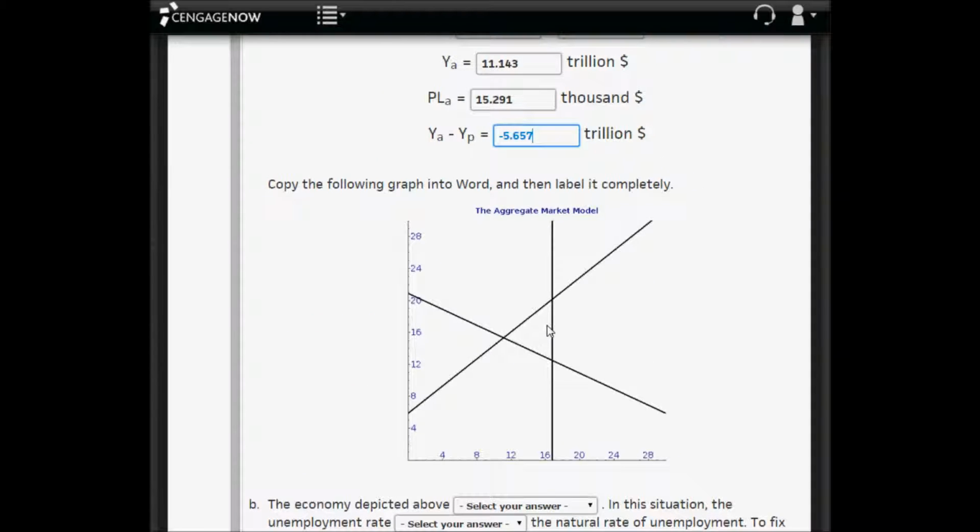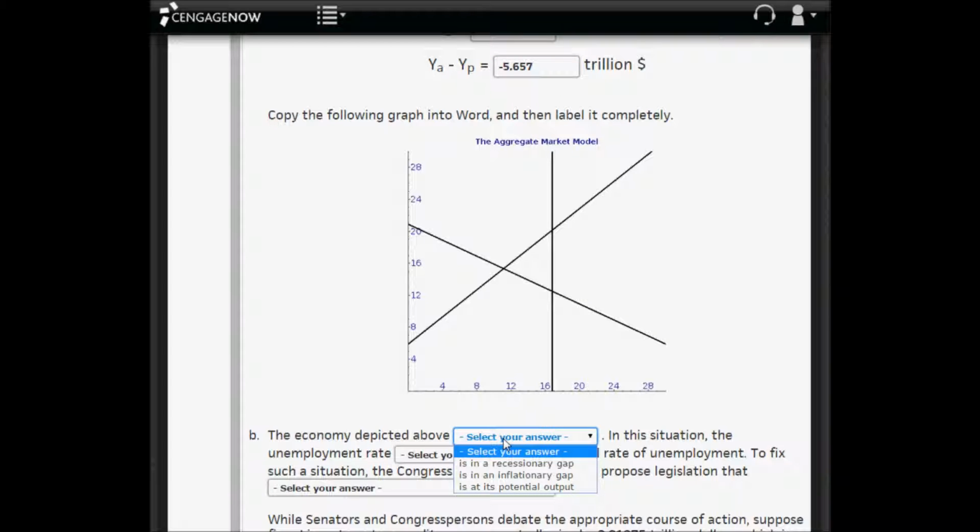So this is the diagram that you saw in Excel. This is aggregate demand, AD, short-run aggregate supply, SRAS, and then long-run aggregate supply. And GDP is far to the left of potential GDP. So the economy here is in a recessionary gap.